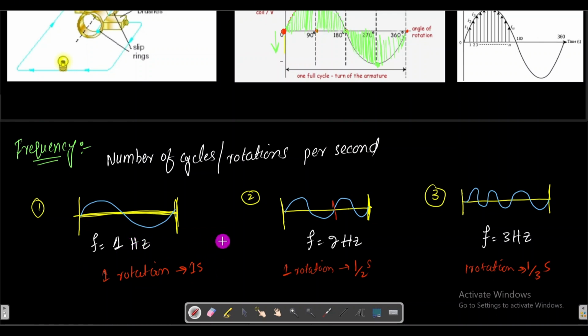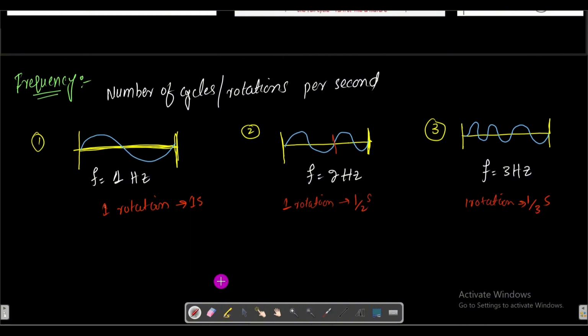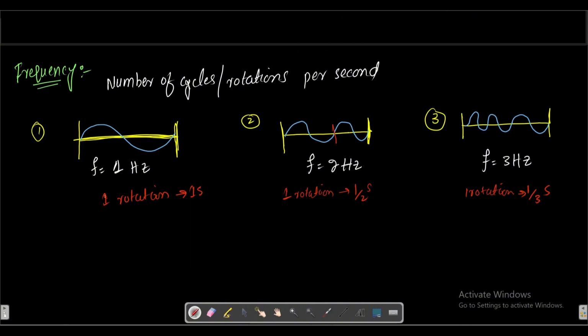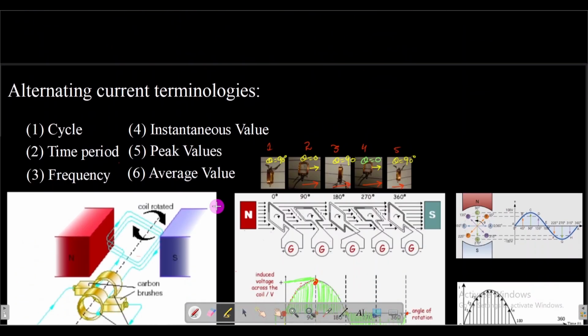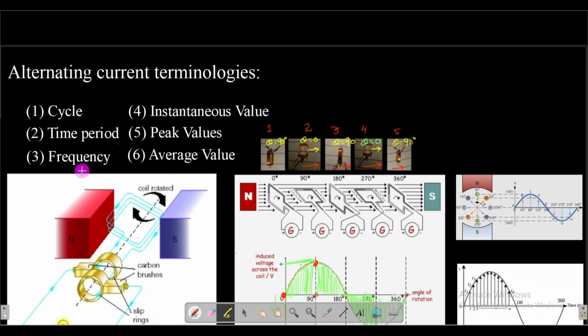So if the frequency is lesser, the time to complete one rotation will be more. If the frequency has increased, the time to complete one rotation becomes less. This is the relation between frequency and time period. So these are cycle, time period and frequency.